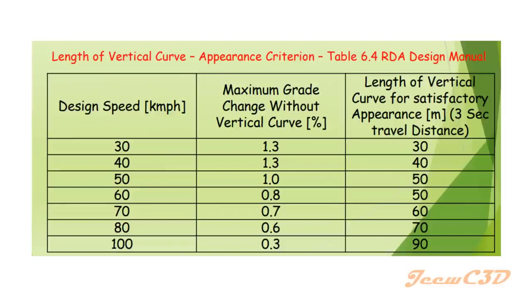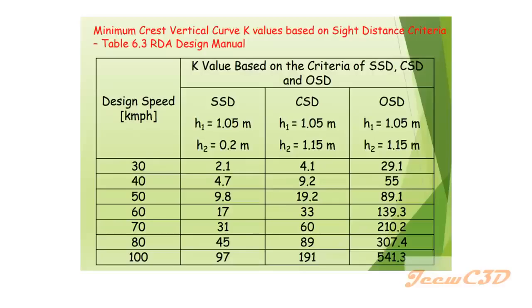Since we are using a design speed of 60 kilometers per hour, the length of the vertical curve should be 50 meters. So you have to use a vertical curve length of 50 meters or higher to satisfy the appearance criteria.